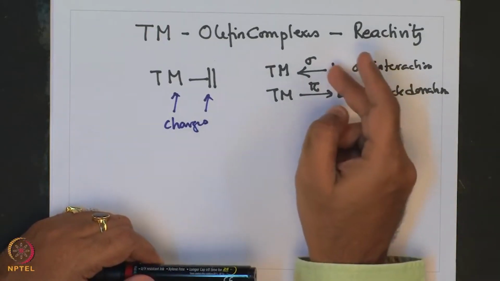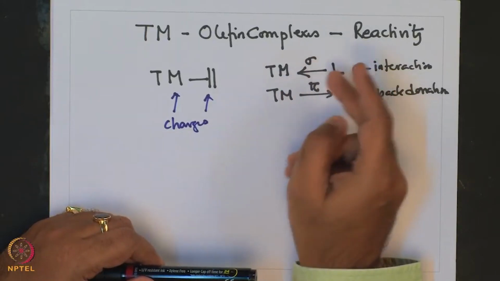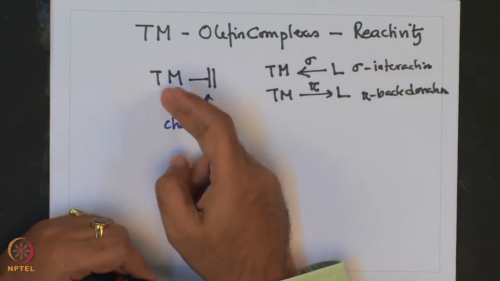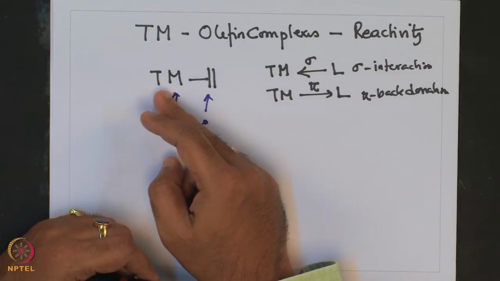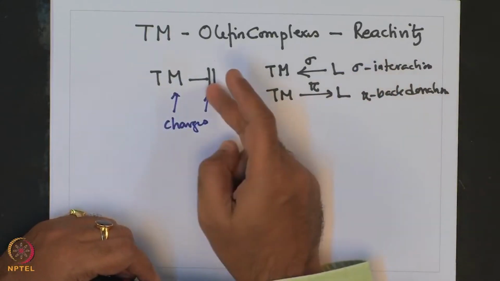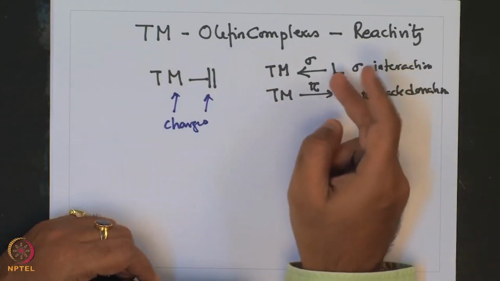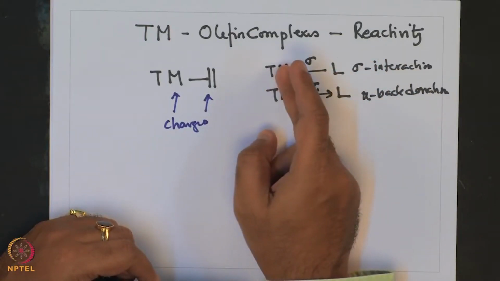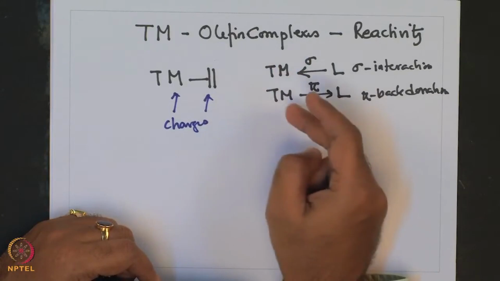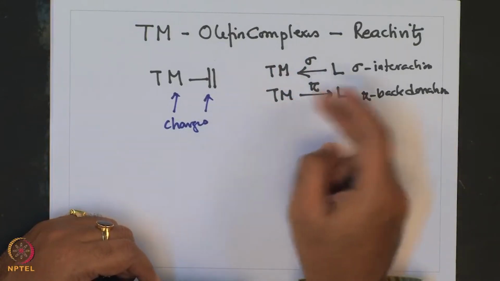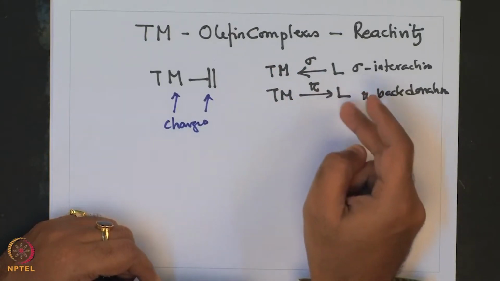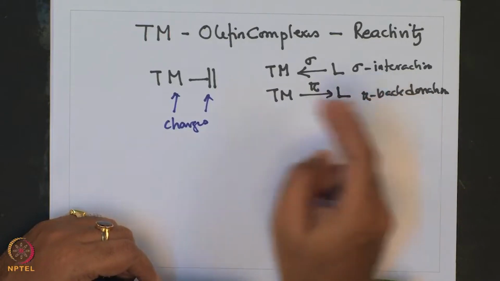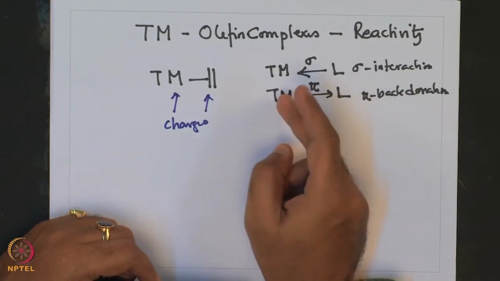For example, if there is predominance of sigma donation, then the transition metal would be less positively charged and the ligand would be more positively charged, because there is a loss of electron density on the ligand and a gain of electron density at the transition metal. And if there is a predominance of pi back donation, then the ligand electron density would increase, whereas the electron density on metal would decrease.